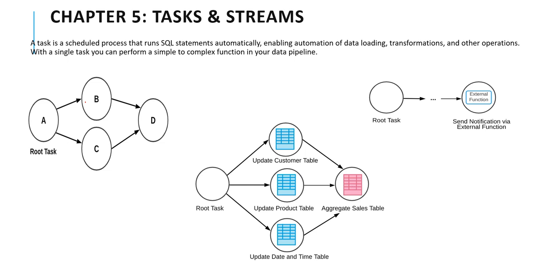It shows how the task graph updates the dimension tables before the database aggregates the fact data. And the third diagram shows an example of calling an external function to prompt a remote messaging service to send a notification that the previous tasks have run successfully.